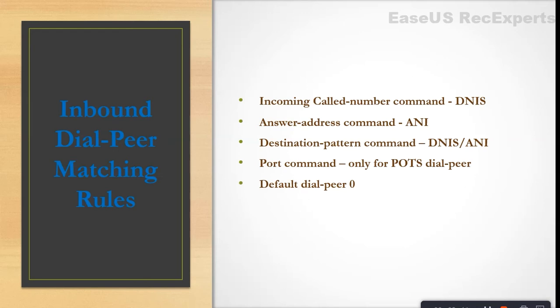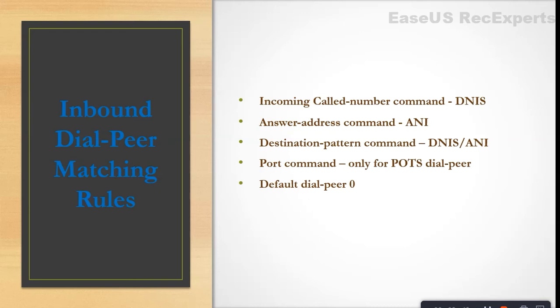The fourth is the port command, which can be used only on POTS dial pairs. The above three commands, incoming called-number, answer-address, and destination-pattern, can be used on both POTS and VoIP dial pairs. If you remember, in the last class we discussed POTS and VoIP dial pairs and where we use them.